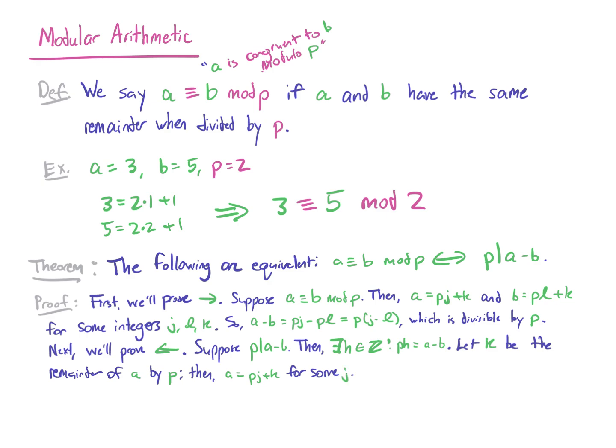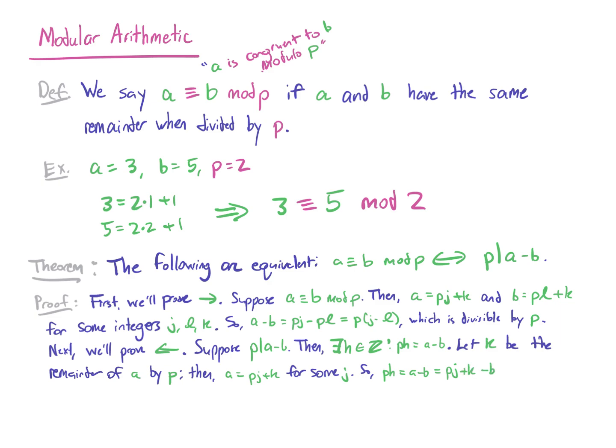Okay, it follows that p times h, which we already know is equal to a minus b, is also equal to p times j plus k minus b.